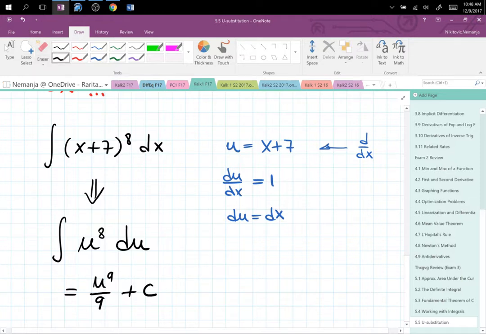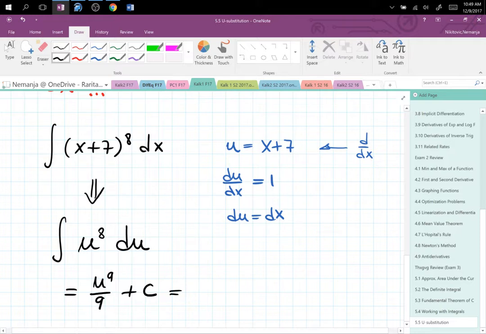But now we have the final problem. The solution cannot stay in terms of variable u. It has to go back to x. This is where you can use the sentence, I don't care about u, I care about the x. Yeah, you have to use that responsibly. It's not always applicable.